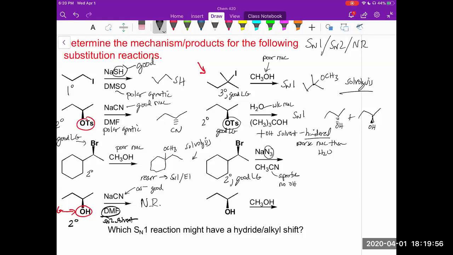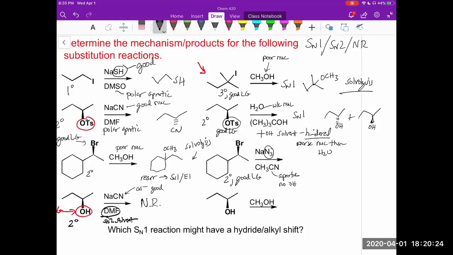My nucleophile, N3 minus. Tell me about N3 minus. Well, let's see. I'm looking for my nucleophile list right now. It says it's a weak base on the list. How is it as a nucleophile? It says good.